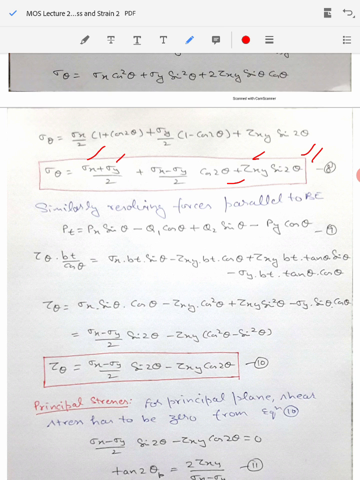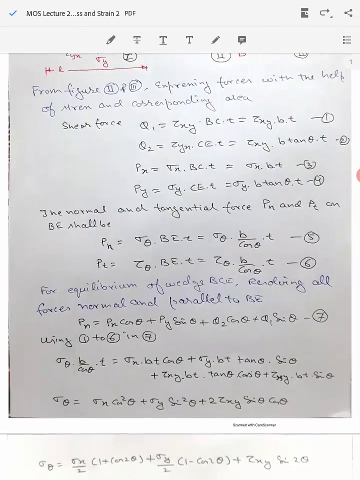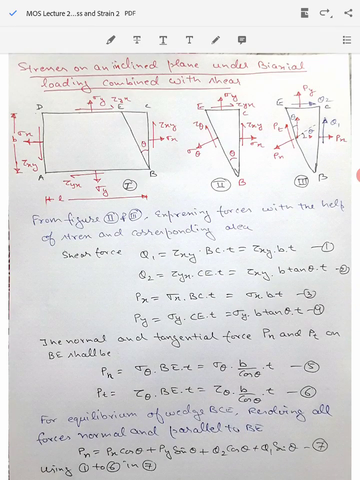Similarly, we can resolve the forces in the parallel direction of the BE. If you see that figure again, you will see that the PT is acting in the direction of BE. If you resolve the force Px, it will be acting at a 90 minus theta angle to the BE. So that's why there will be a Px sin theta component as well as a Q2 sin theta component appearing.